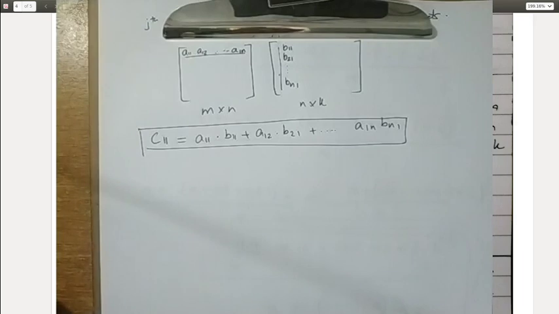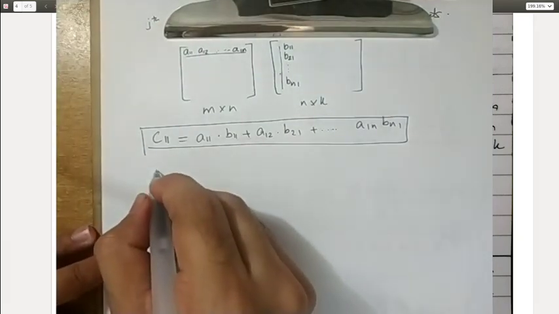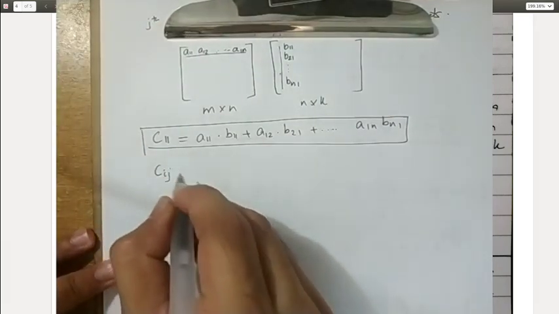And so this can actually be simplified to be written as the ij element.